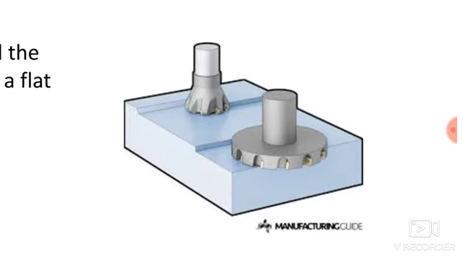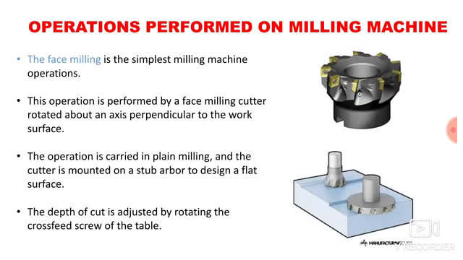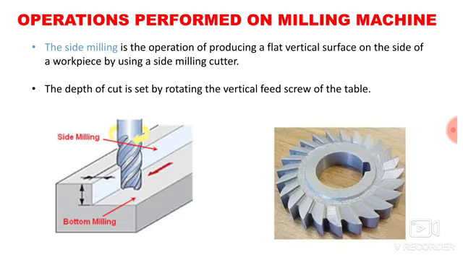That is the basic difference between plane milling and face milling. In plane milling, the axis of the cutter is parallel, whereas in face milling, the axis of the cutter is perpendicular.